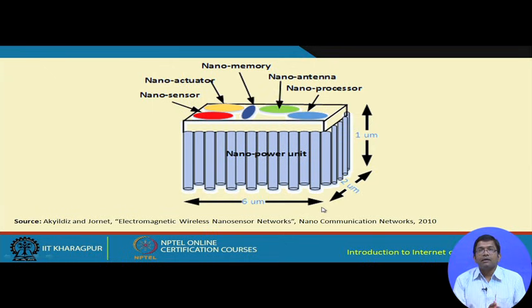So, this is an extremely small scale, nanoscale node, which has to be fabricated not using conventional sensor node design mechanisms, but using a very sophisticated mechanism that takes help of nano fabrication units, nano fabrication facilities.